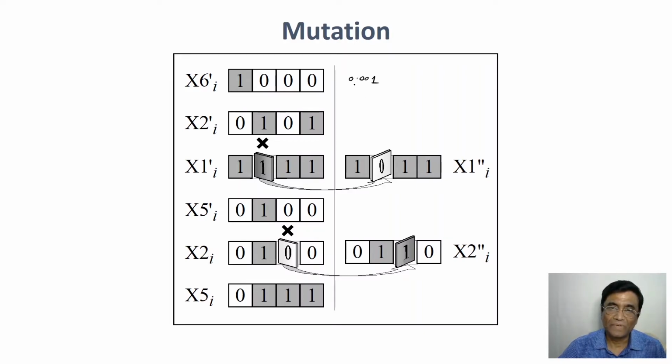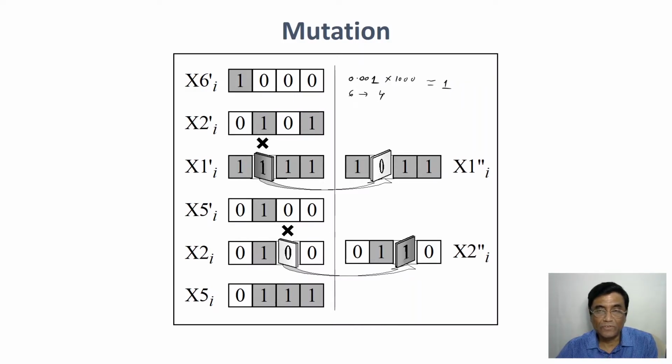So you see, out of 6 chromosomes, the crossover operator is working on 4 chromosomes, right? And how many chromosomes will be required if you assign 0.001 probability? So probability into chromosomes equals 1, so probably you require some 1,000 chromosomes.